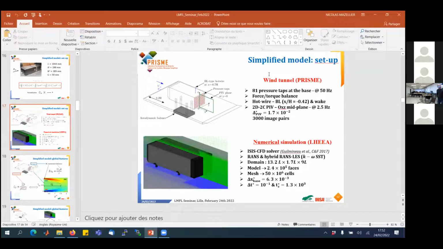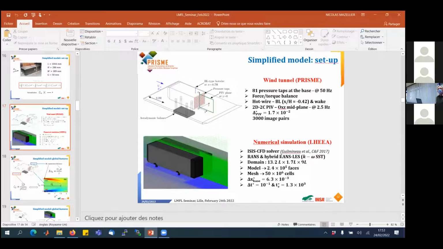You wanted to know what? The simulation cost for the RANS and the hybrid RANS-LES. The hybrid one is more expensive. The mesh is the same in both cases. In fact, we didn't change the mesh.